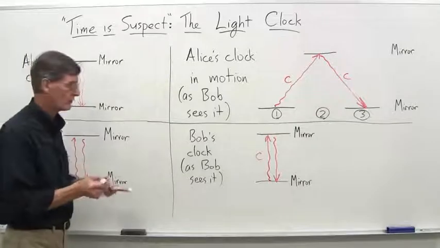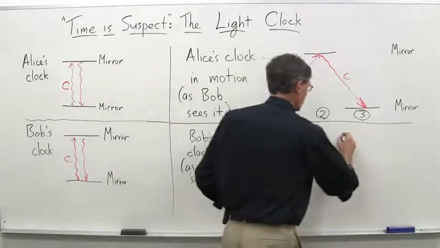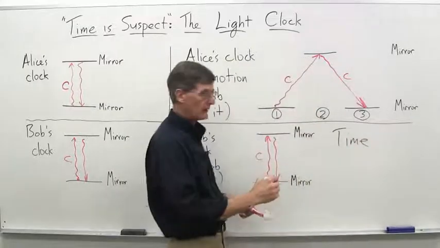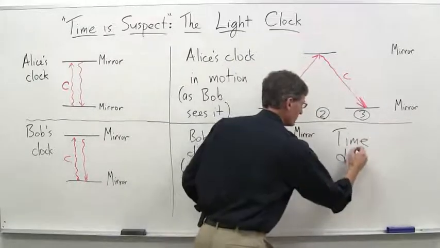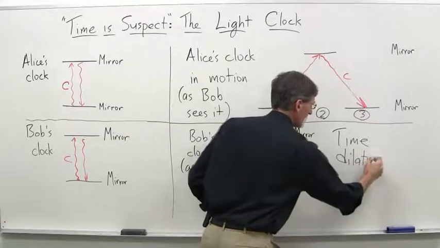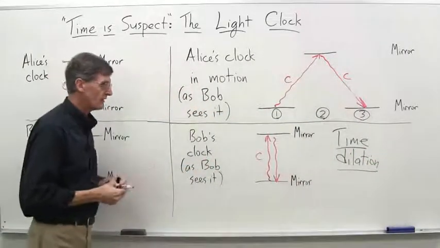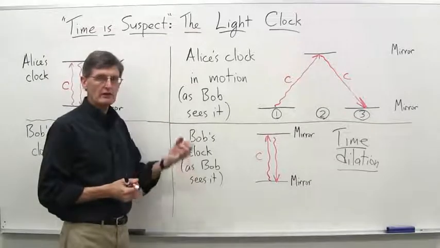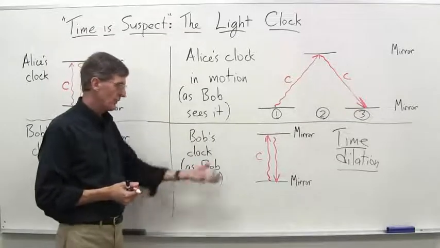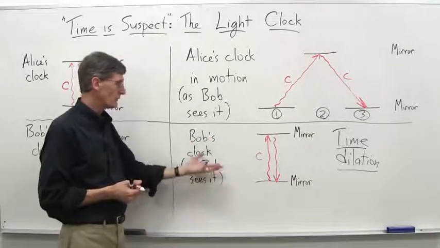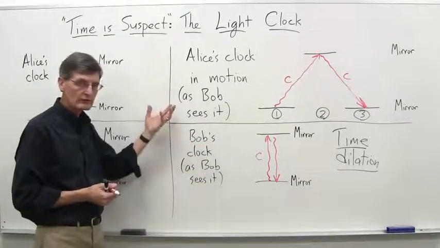We're going to investigate this more, obviously, as I just mentioned, but just to give you the name of this effect that you may have heard about, time dilation. And another way to say this is moving clocks run slow compared to an identical clock that is not moving. So again, we have Bob's clock and Alice's clock, identical clocks.